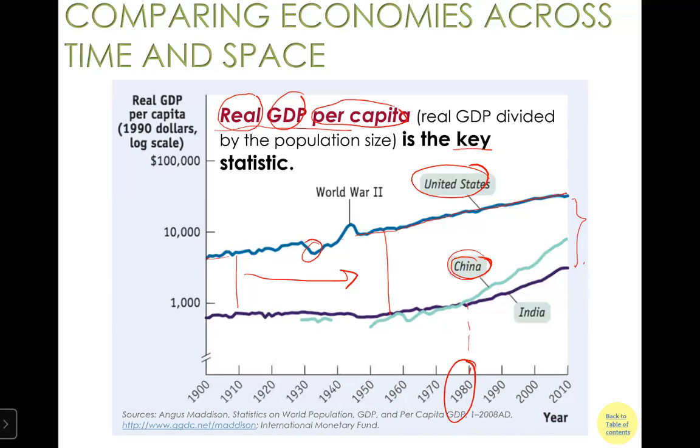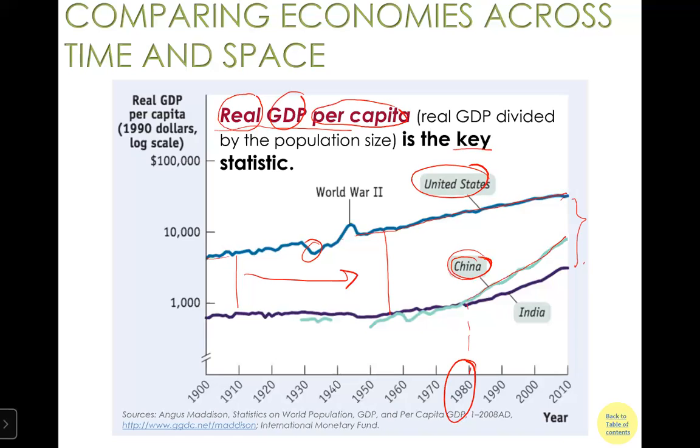1980 is an important year for the Chinese economy. This is the year when the central government decided to open the door, reform their economy, and introduce a market economy. In the following four decades, you can see their growth is quite significant.